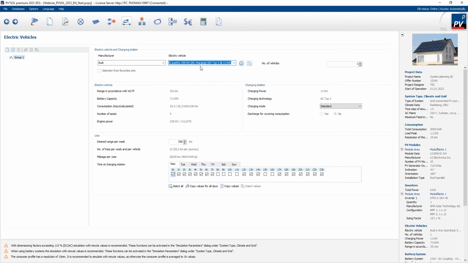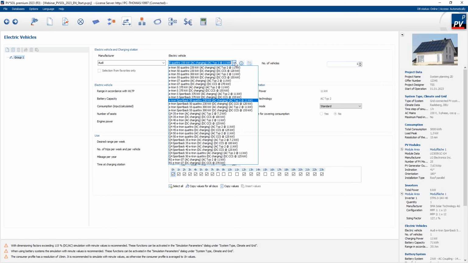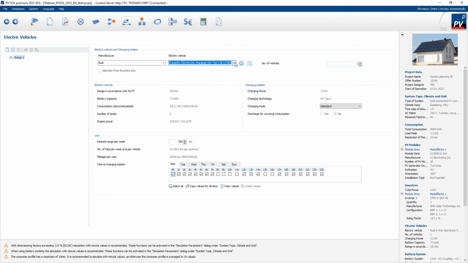As you can see, there are different types in the list with different charging modes, DC or AC charging, sometimes different power they can charge. If we have selected the right one, then we can also define the number of vehicles in this field. And in the lower part, in the section use, we have to define the desired range we drive per week. I think we leave it at 350 kilometers.